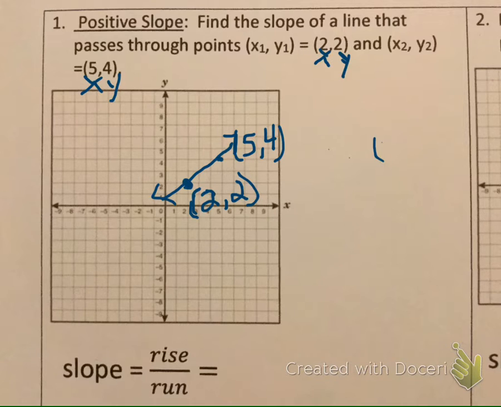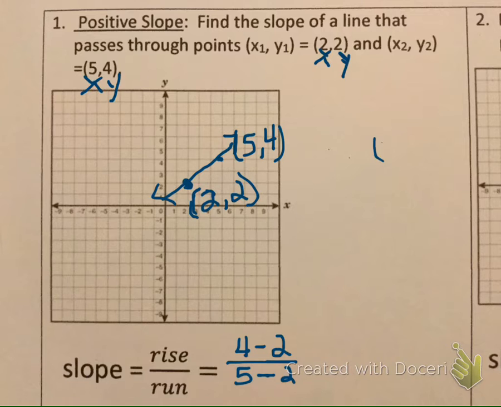So I can take my 4 and I could subtract my 2, and I could put that over 5 minus 2. Okay?